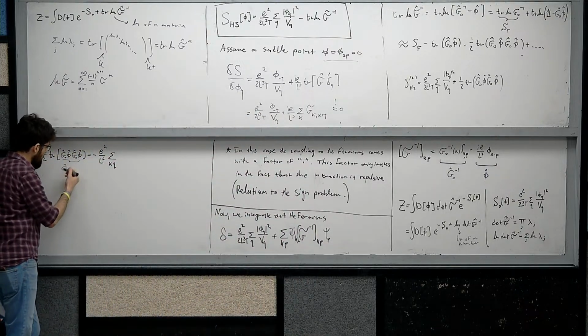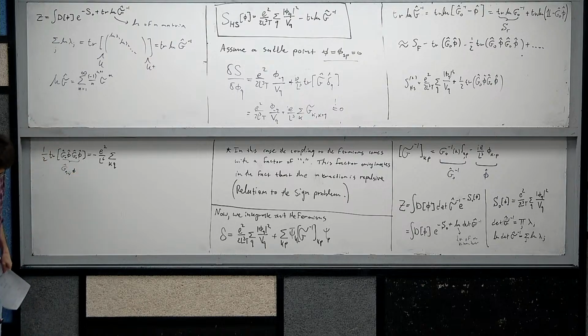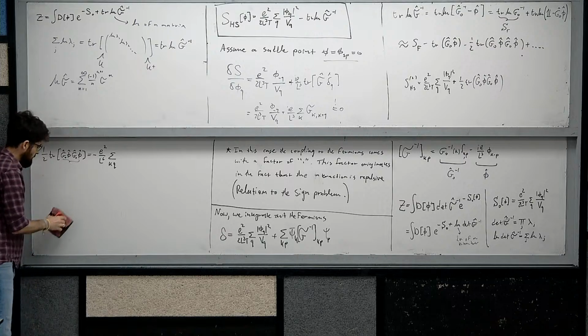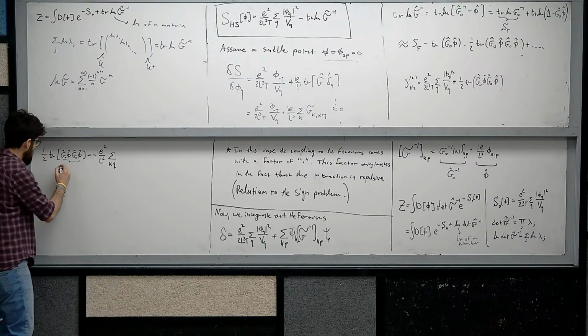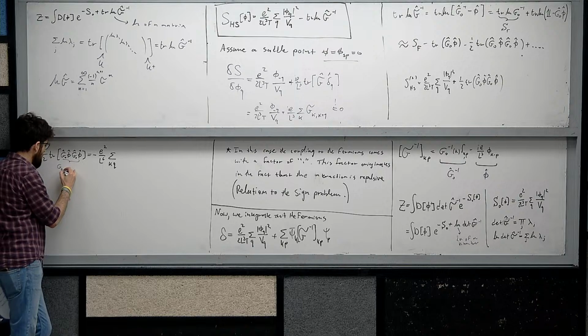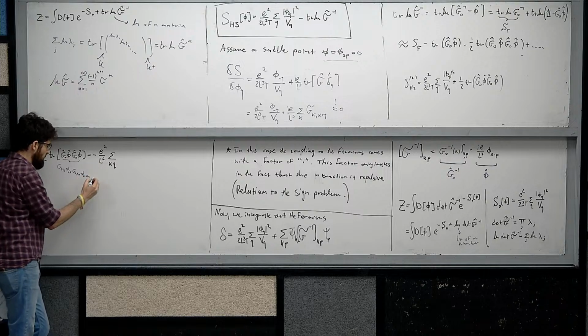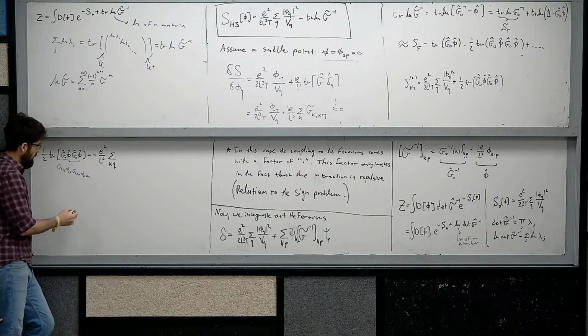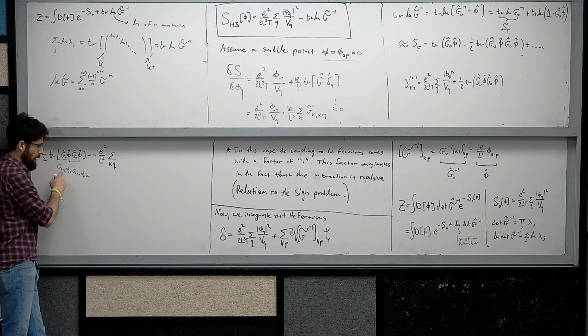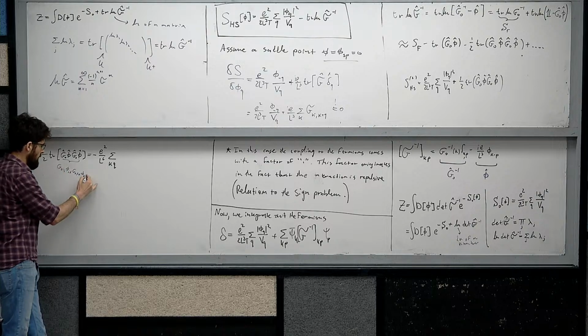So this is like G naught ij phi, G naught ij phi jl G naught lk phi km, something like that. But this m and this i are the same because we're doing a trace, so I can just write here i.